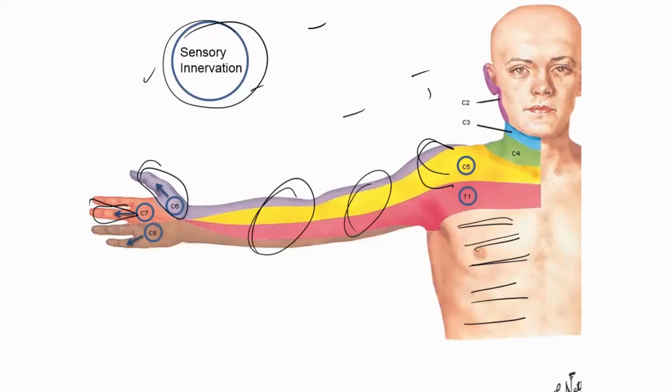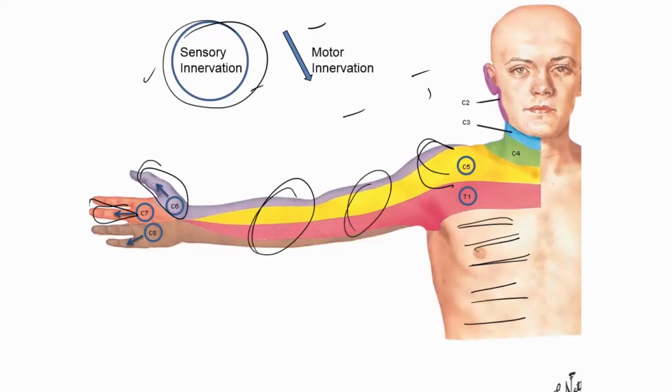So C5, anterior shoulder, C6, thumb, C7, middle finger, C8, little finger and the medial side of the hand, T1 back up towards the axilla. So that's the cutaneous distribution of individual spinal segments. Again, different from the cutaneous distribution from named nerves.